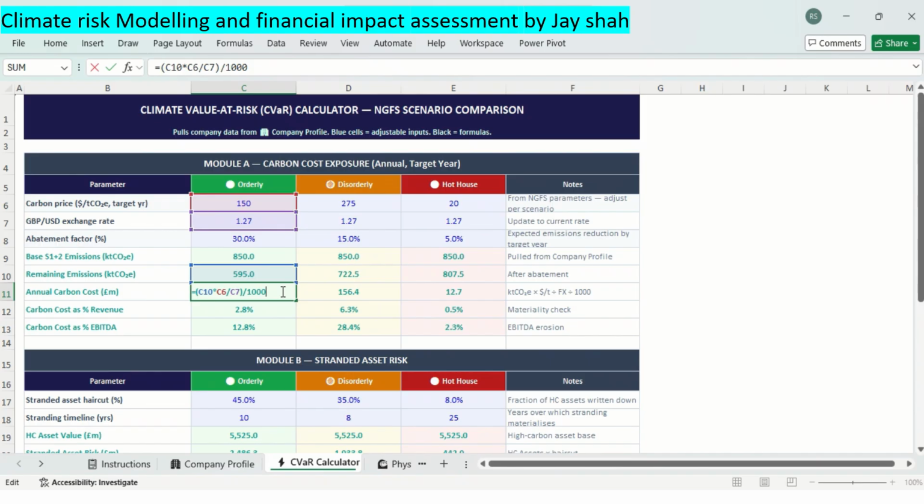This is the annual carbon cost if we want to reduce the remaining emissions, the cost that needs to be incurred year by year.